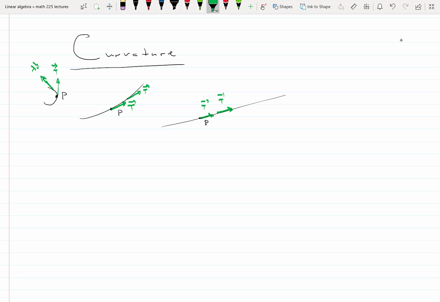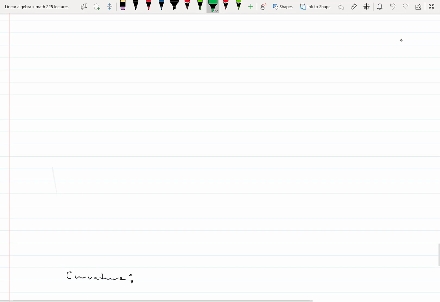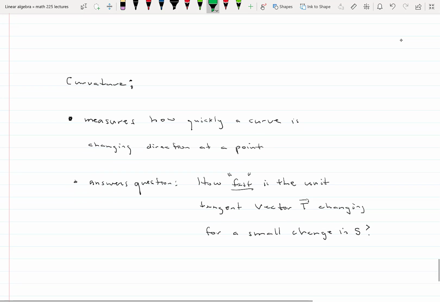So besides measuring how quickly a curve is bending or changing direction, I can think about defining curvature as how fast the unit tangent vector T changes for a small change in arc length. That means as we move along the curve a small distance. And that's exactly how I'm going to think about curvature.